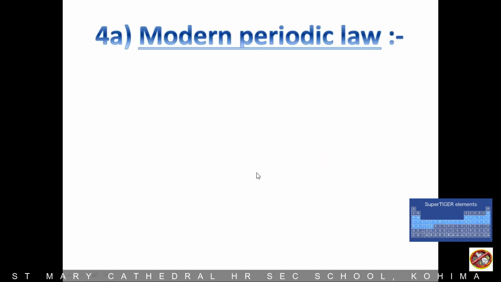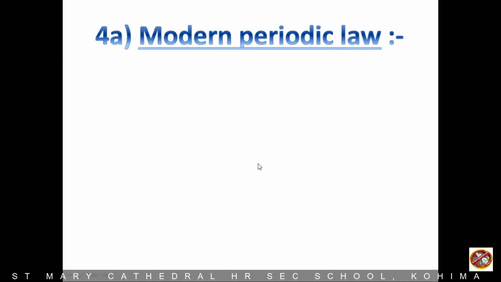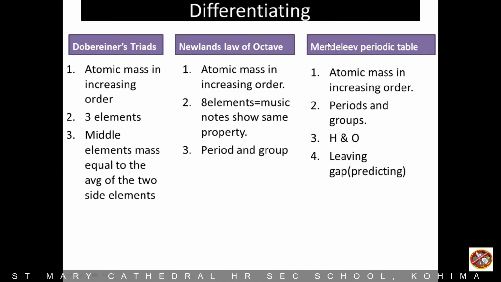Now lastly, over here in our modern periodic table, there is not a specific person's name who found this, but why? Because there are multiple scientists or chemists working together to form the modern periodic table, especially with the help of Mendeleev, who did so much great work for us, predicting some of the elements yet to be found, and showing us how important periods and groups are.